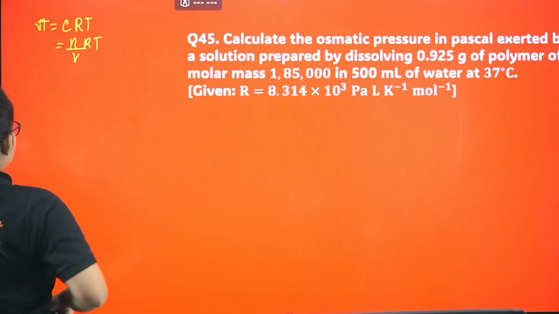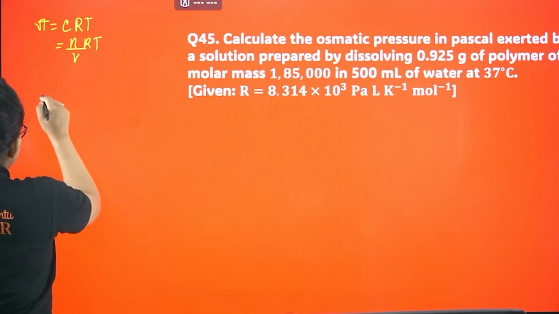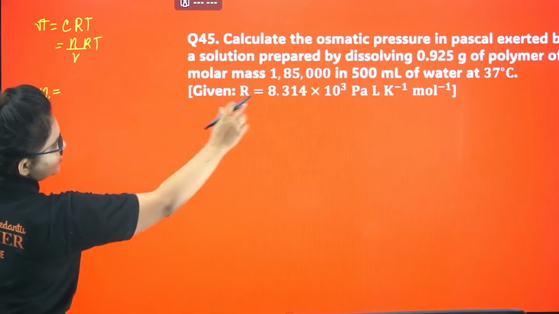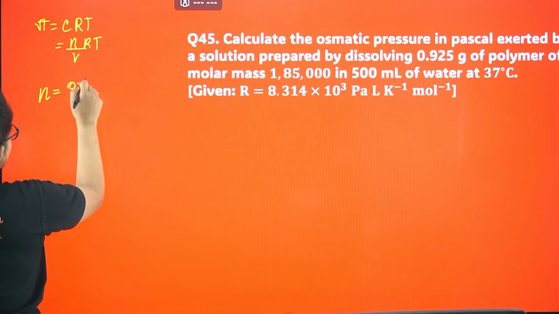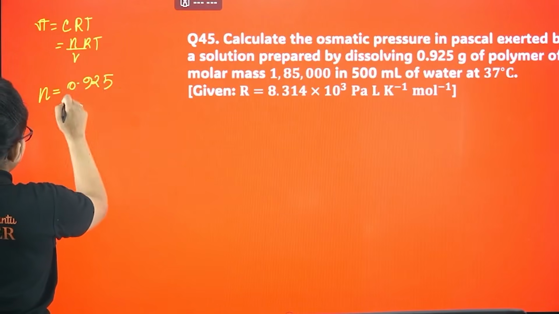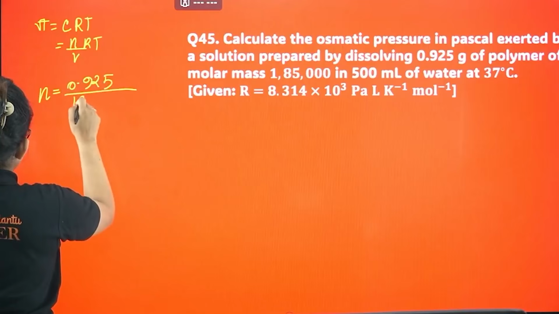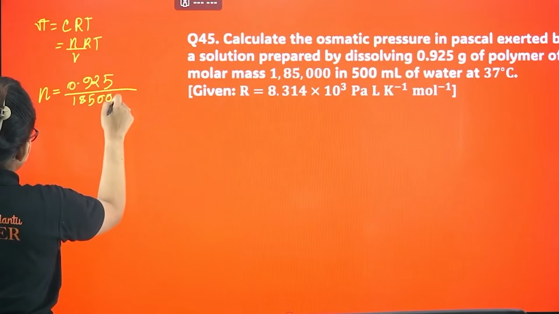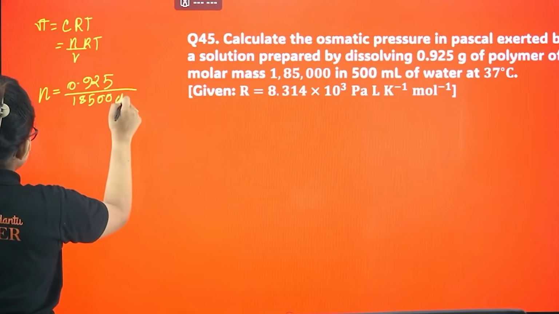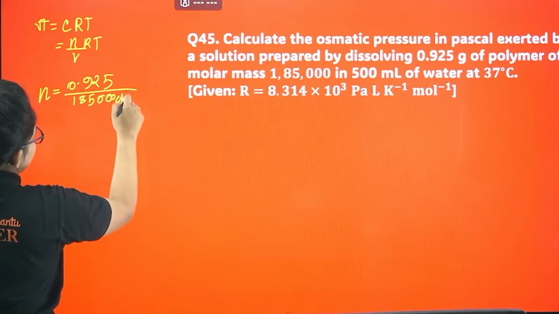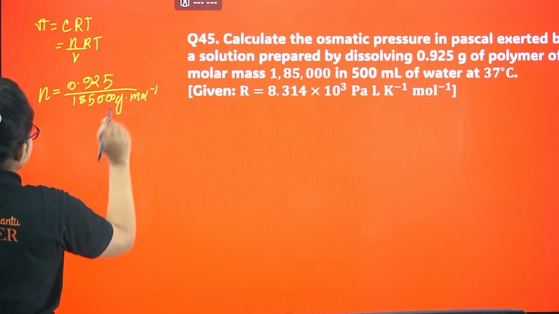So I need to find out n, right? n is going to be equal to the amount given, 0.925 divided by 18500 gram, one more zero is there, gram per mole. We will do the calculation later.